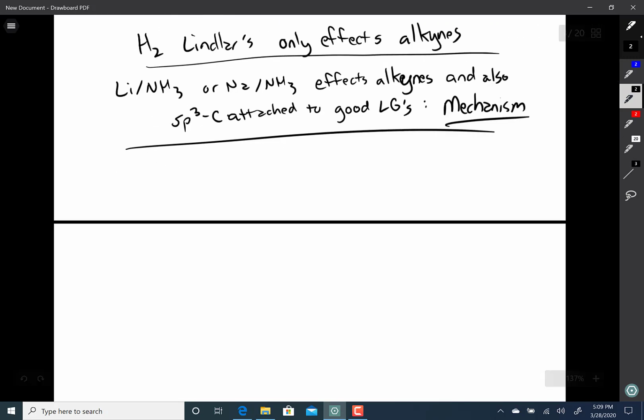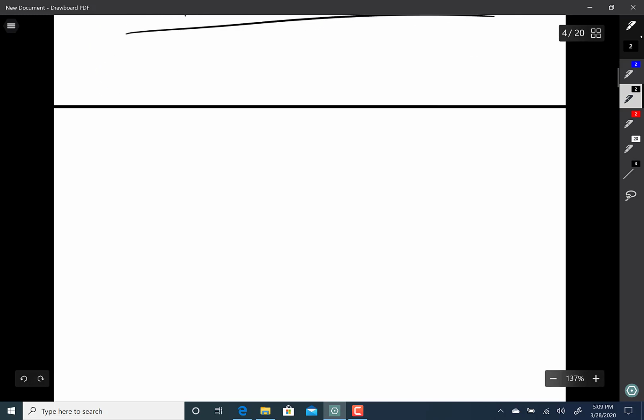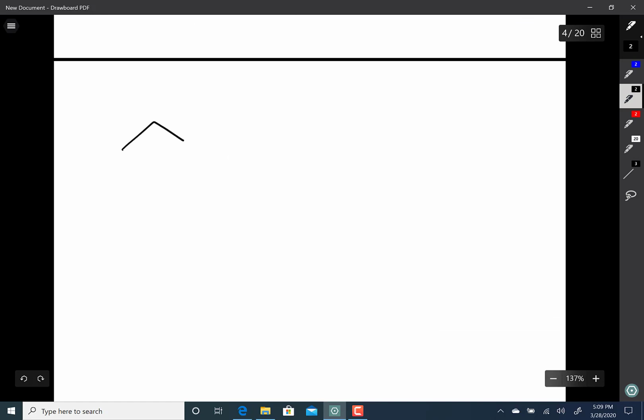Another thing that we also will need to talk about the mechanism of has to do with terminal alkynes. If you want to take a terminal alkyne and make it into a terminal alkene, you must use H2 Lindlar's.